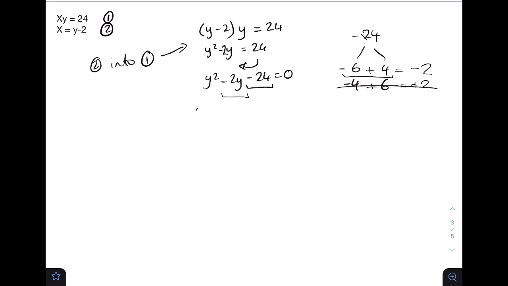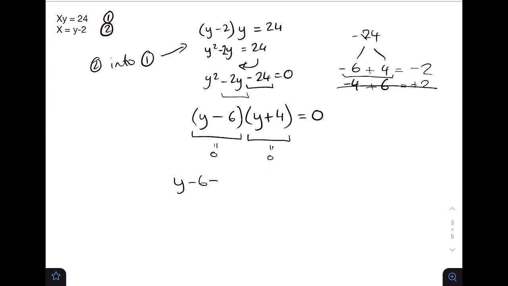So then we know now in the pair of brackets, we've got y minus 6, y plus 4 is equal to 0. So the solutions here are, if we get this equal to 0 or get this equal to 0. So y minus 6 equals 0.